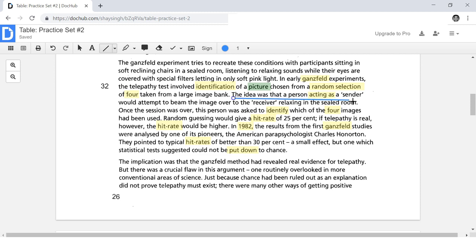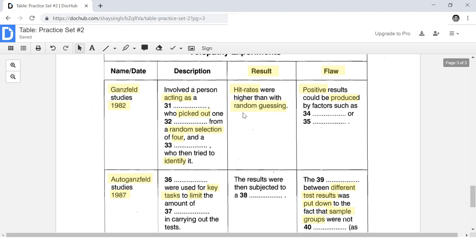Now, let's continue reading this part over here because we found the answer to question number 31. It mentions that the idea was that a person acting as a sender, so one person is going to be the sender. The other person who the sender is sending to is the receiver who is receiving the image. So down here, question number 31 says, involved a person acting as someone who picked out one image, right?